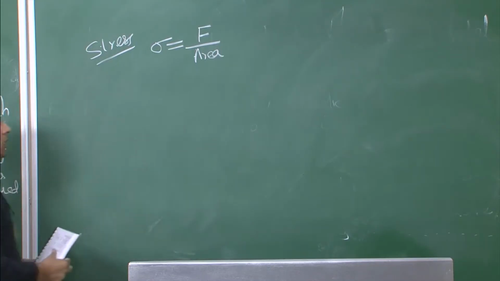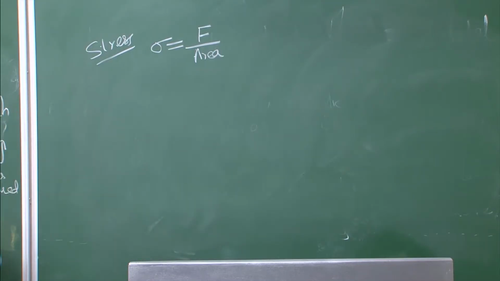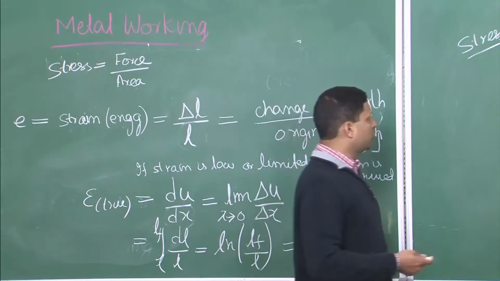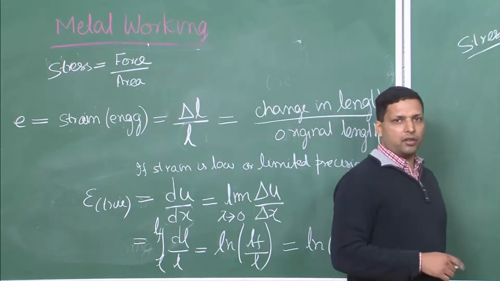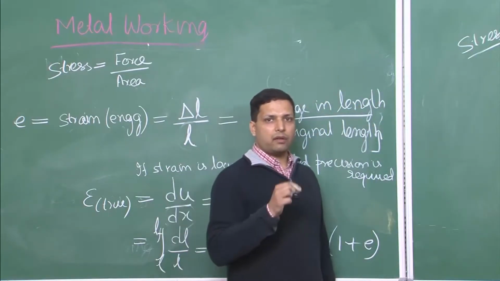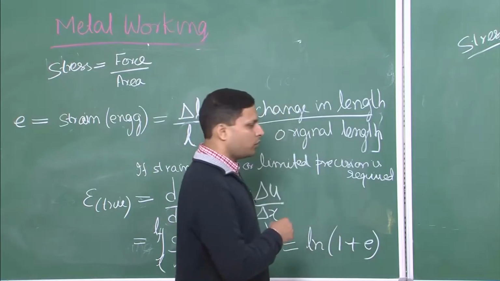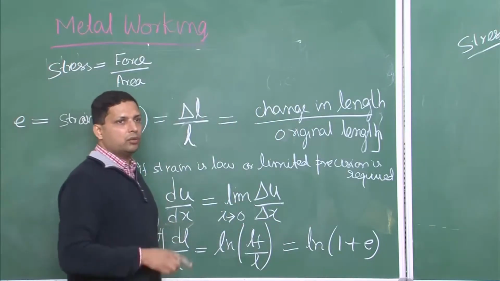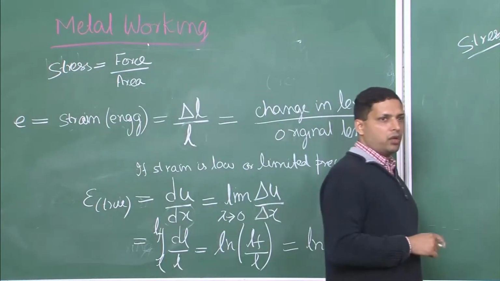Again, as we mentioned earlier, if your area itself is changing, then your stress should also be changing. Therefore, if you want the instantaneous stress, you will have to have the instantaneous area, just like if you wanted instantaneous strain, you needed the instantaneous denominator value, and that is why the true strain value was more accurate.